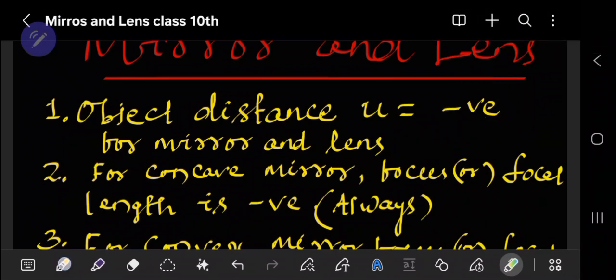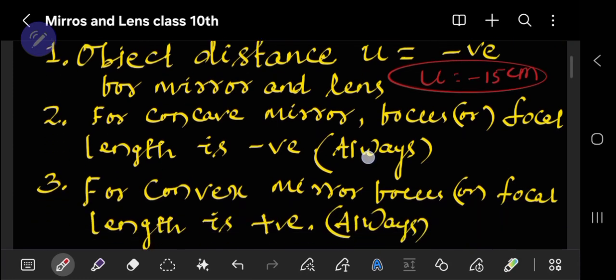For example, if I say an object is placed 15 cm in front of the concave mirror, that means here my u will be minus 15 cm. I need to write that, otherwise my answer won't come. This is as simple as that. I repeat again, whether you are dealing with numericals of mirror or lens, you have to keep the object distance negative. Clear? Okay, now moving to the next point.